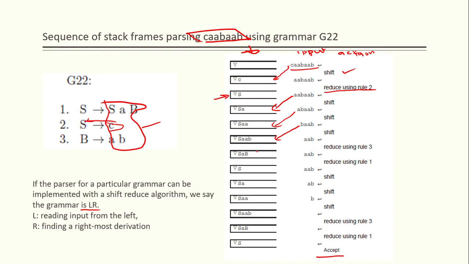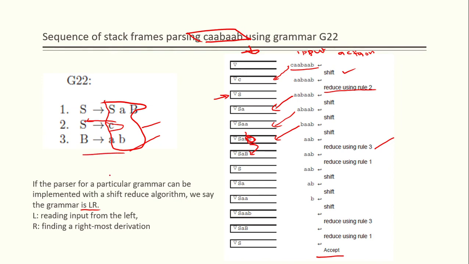Now you check, is there any SAAB? No. SAA? No. AAB? No. AB? Yes. So you can use this AB, A and B here. Using rule number 3, you can replace that AB to become B, a capital letter B. So you write down there, reduce using rule 3. So AB, you change it to become capital letter B using rule number 3.